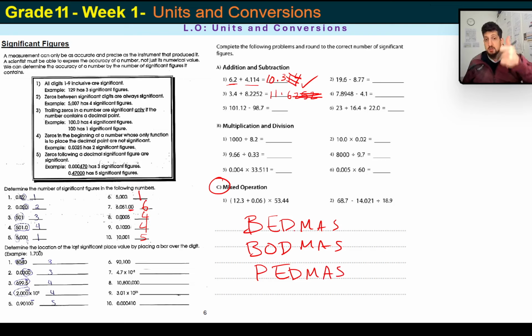Brackets first, exponents or exponentials, division, multiplication, addition, subtraction. So over here, I always do the brackets first before I do the multiplication, even if the brackets has addition inside it, whatever it is.